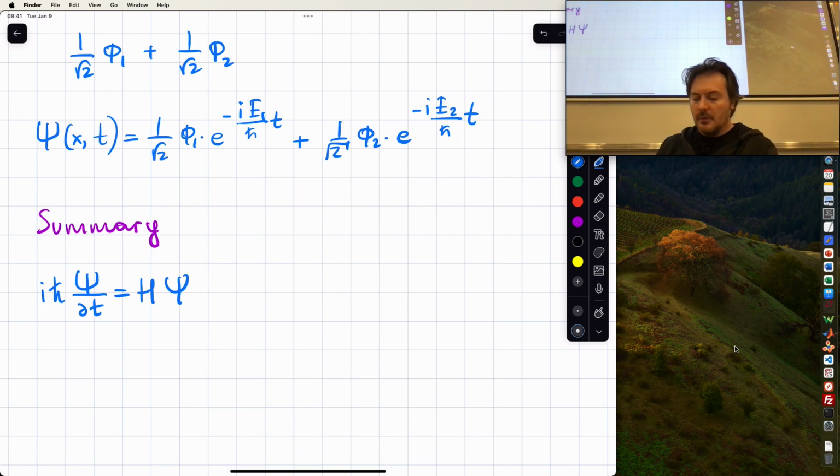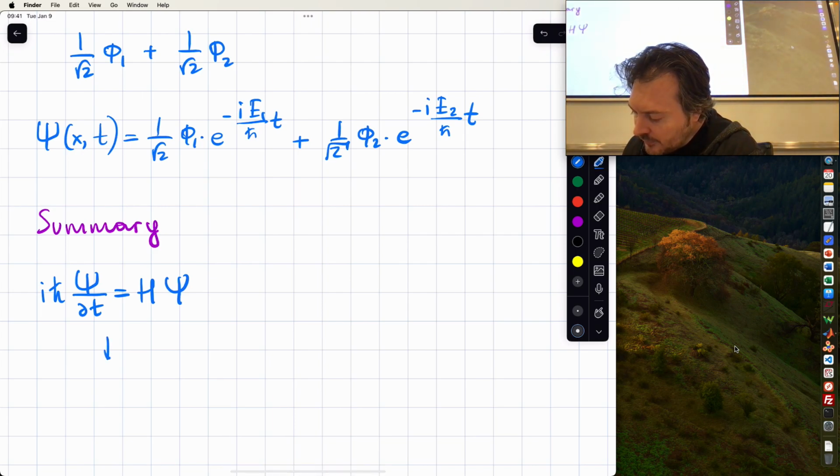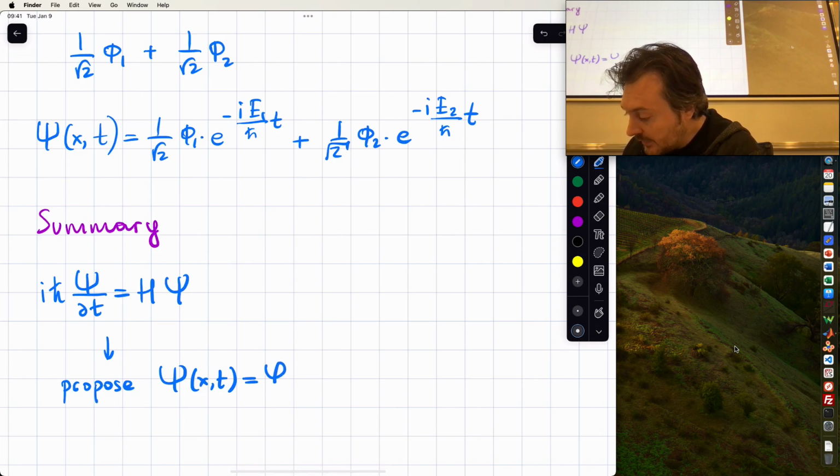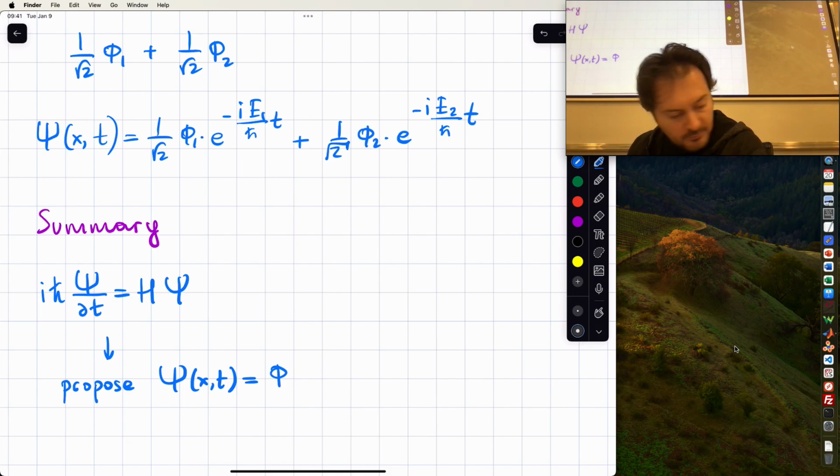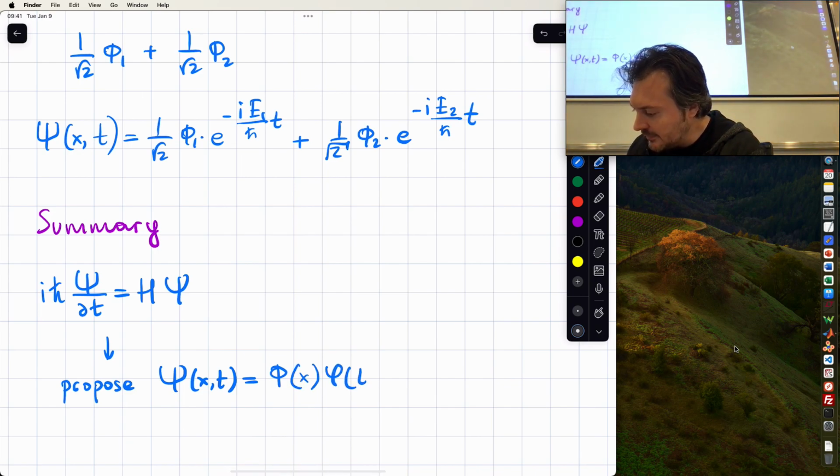So we propose a solution in the form psi of x,t to be phi of x and phi of t.